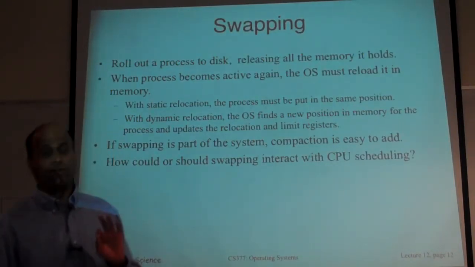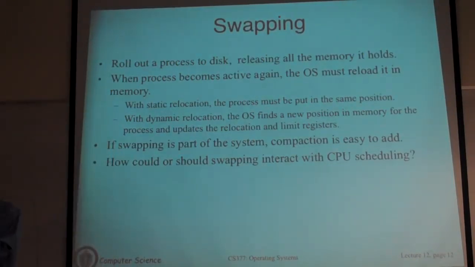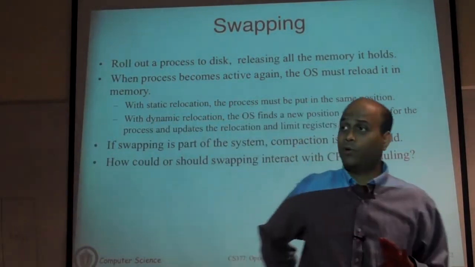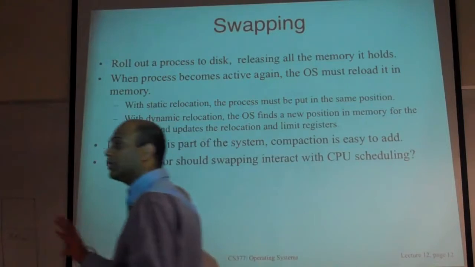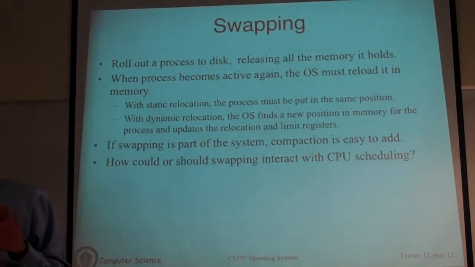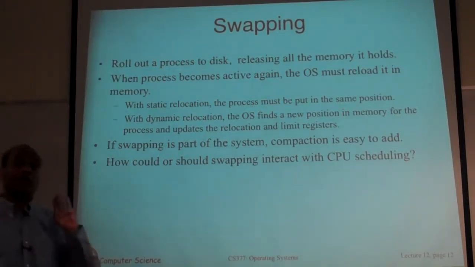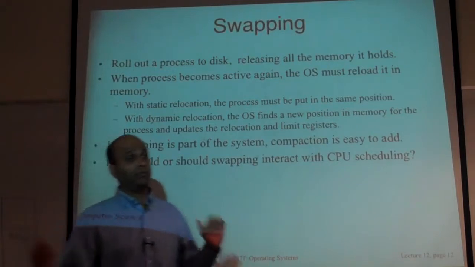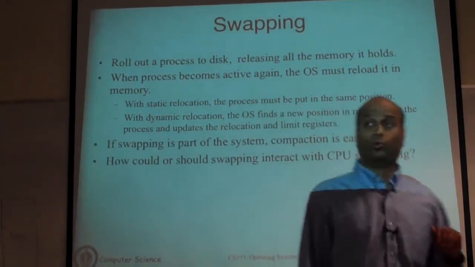Last concept I'll talk about is how can you have more processes. If you have dynamic relocation and contiguous memory allocation, is there any way to support more processes than you have RAM? So let's say you have 8 GB of RAM. Can you start up 20 processes that in the aggregate take 10 GB? You don't have enough space. How would you do that?